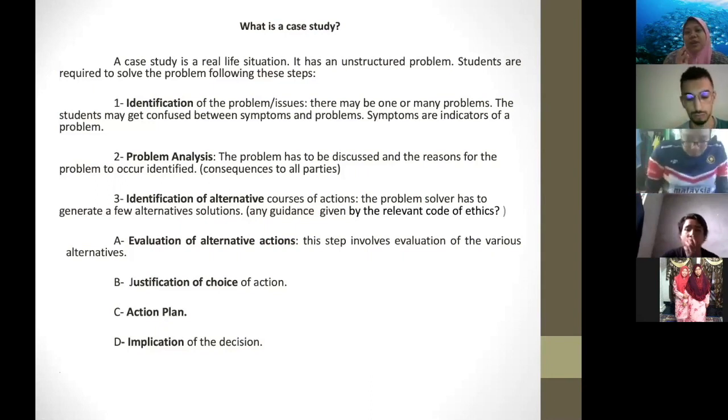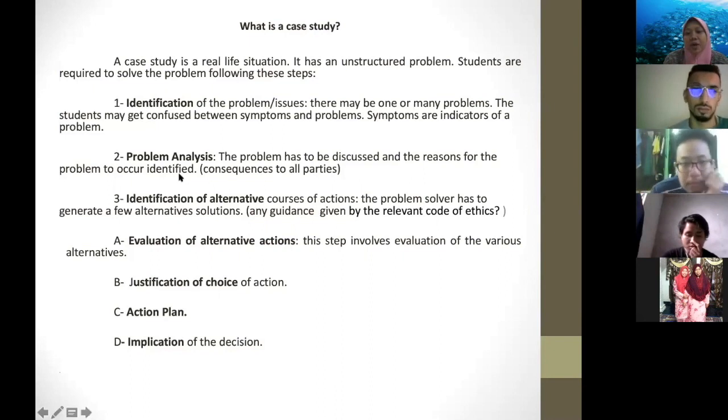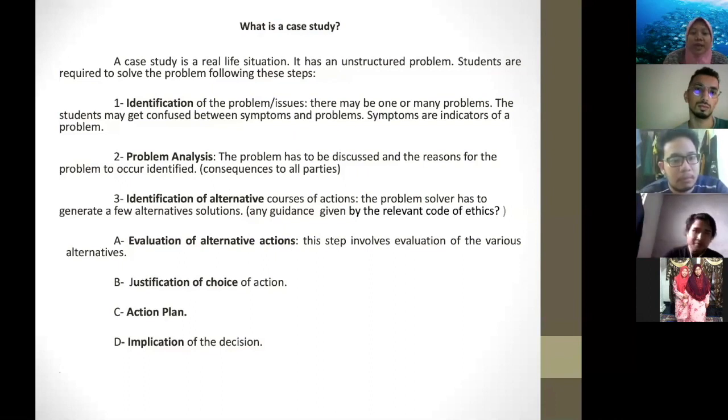So you need to cover all angles. All parties involved should be included in the problem analysis. The deeper you go, the more detail you write, the more marks you get. It shows that you are thinking. We want to analyze whether you can think or not.